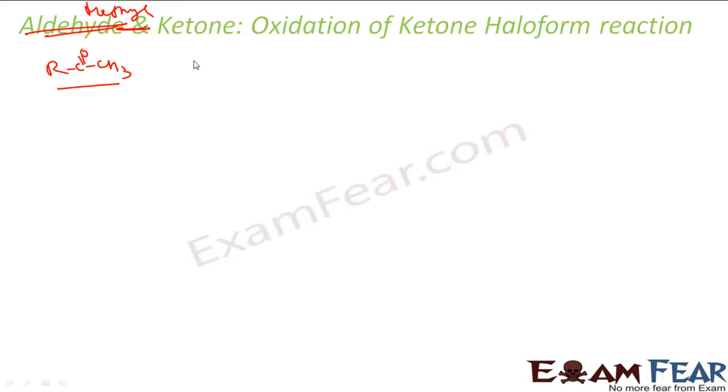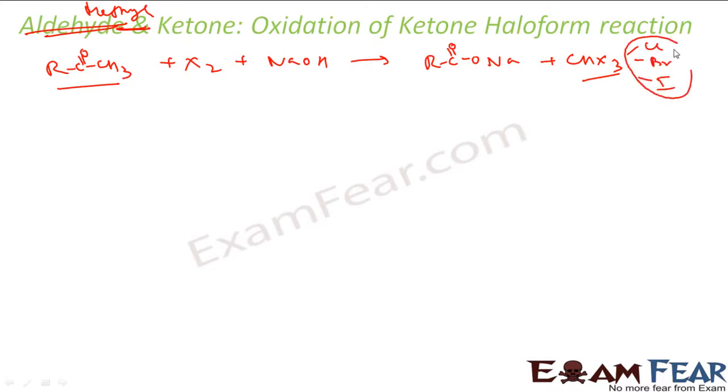When you treat it with a halogen and sodium hydroxide solution, it will oxidize this ketone to a carboxylic acid which will have one carbon less, because the CX3 will go off, and this becomes CHX3. X can be chlorine, bromine, or iodine. This is used to detect the methyl ketone group.